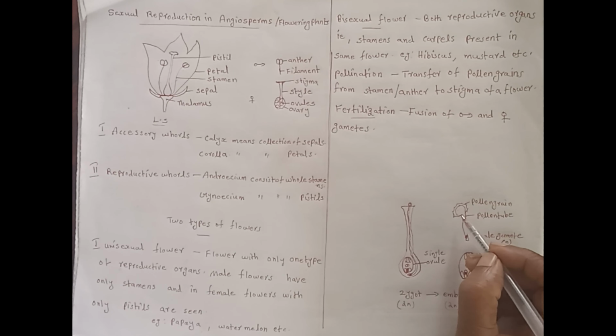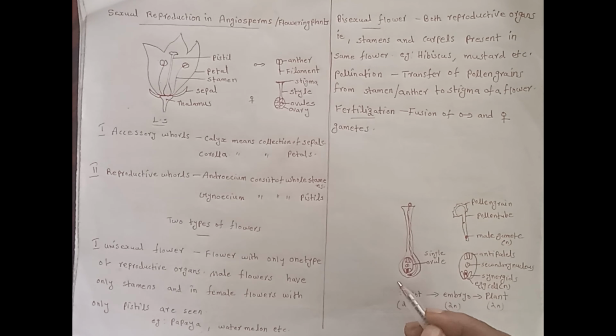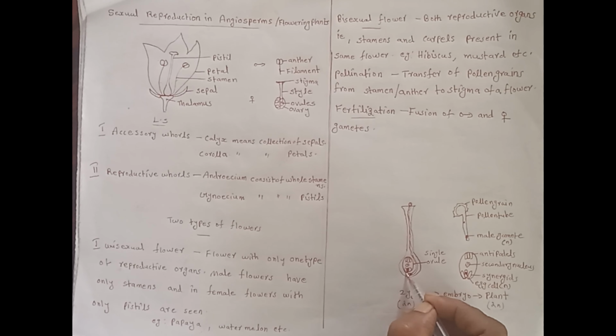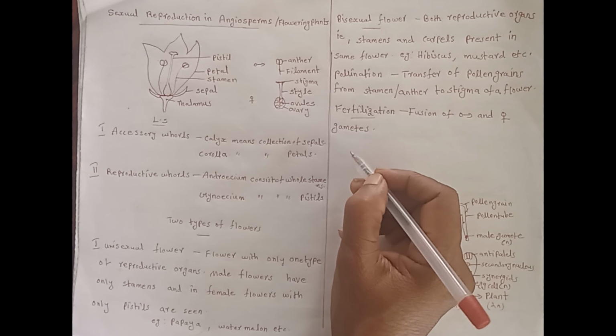The male gamete comes from the pollen grain and the egg cell of the ovule is the female gamete. Fusion of male and female gamete is known as fertilization.